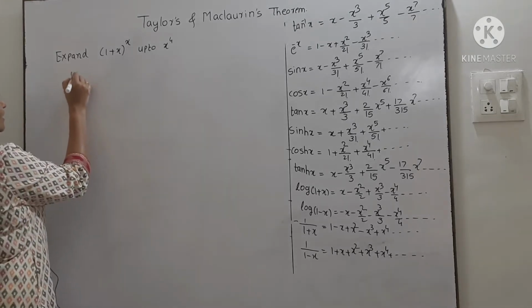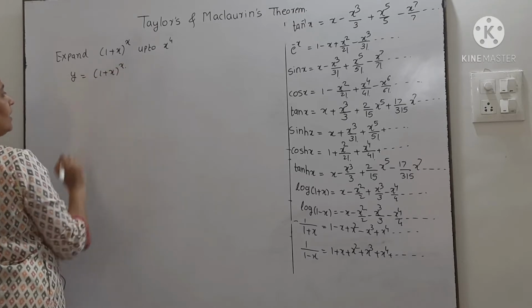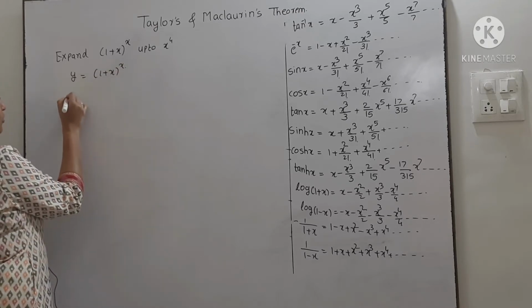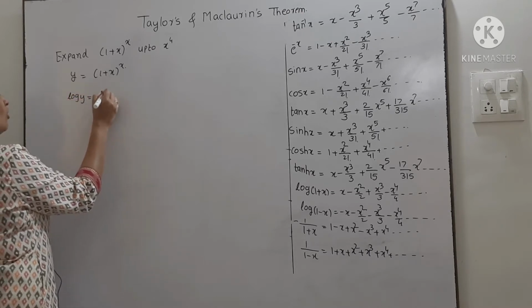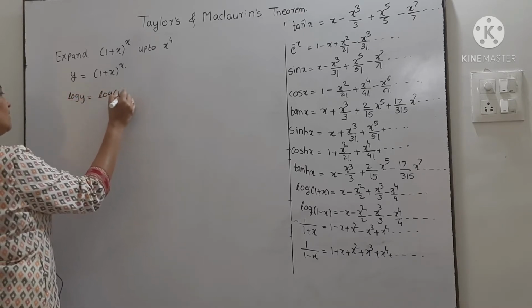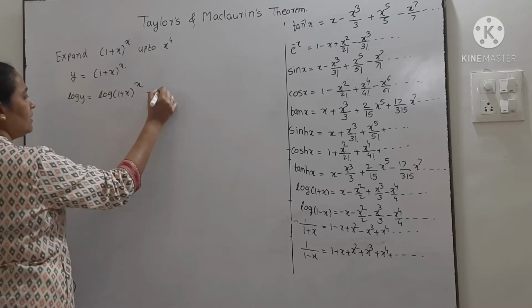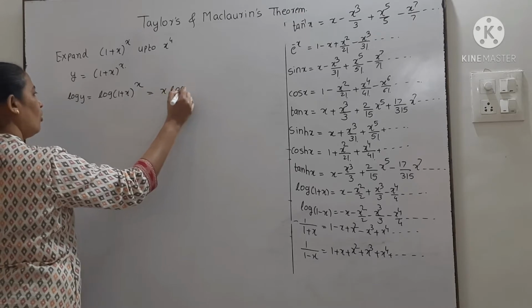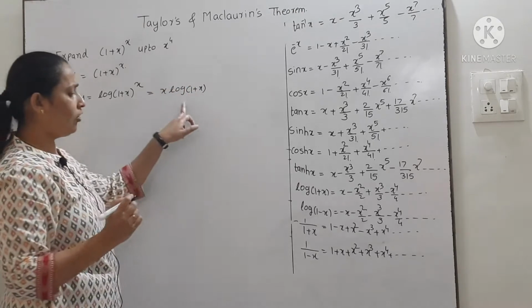Now if I'll say y is equal to 1 plus x raised to x. If I'll take log on both sides, you'll get log y equal to log of 1 plus x raised to x. If I use rules of logarithm, this will be x into log of 1 plus x. And we know the expansion of log of 1 plus x.